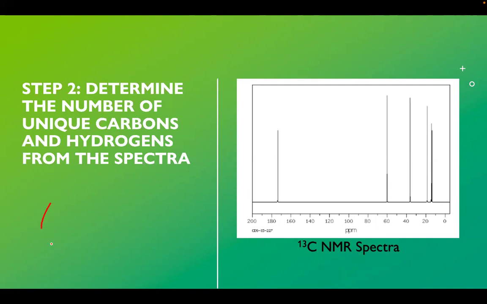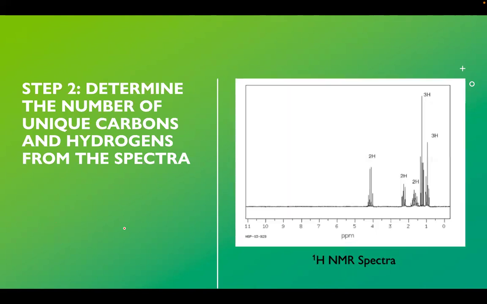So we have 6 unique carbons. Next, we're going to determine the number of hydrogens, and this is our proton NMR spectra. We're going to do the same thing, just count the number of peaks here. So we have 1, 2, 3, 4, 5. So 5 unique hydrogens.